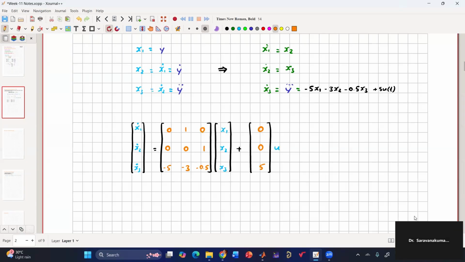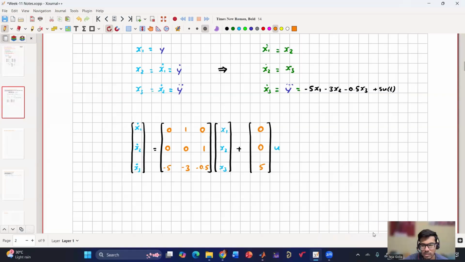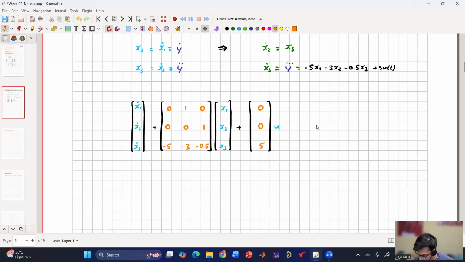So in this way, we are going to get the first equation. Then if I am considering my output to be y, then it will be the C matrix into x. So the C matrix will have three terms into x1, x2, x3.